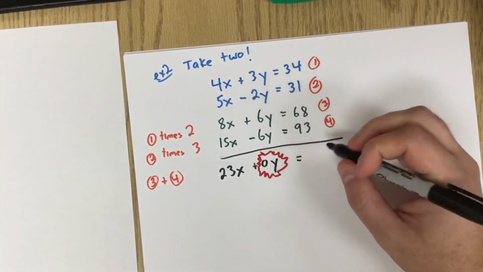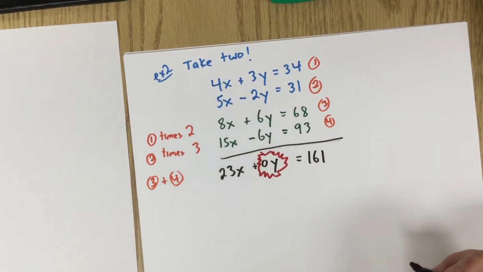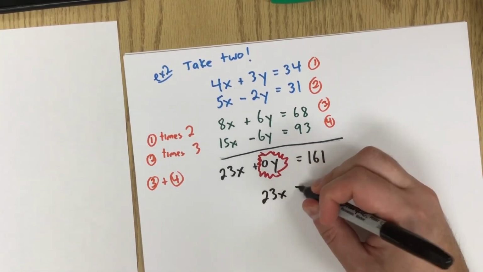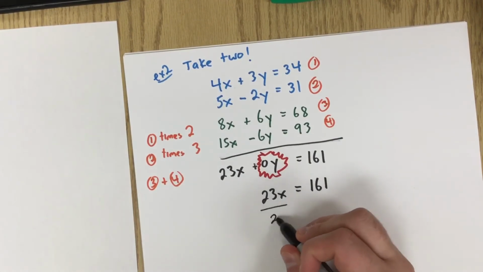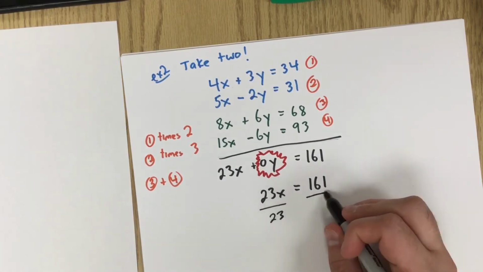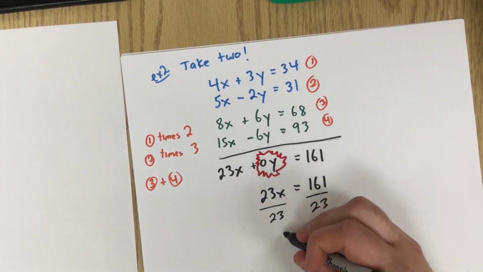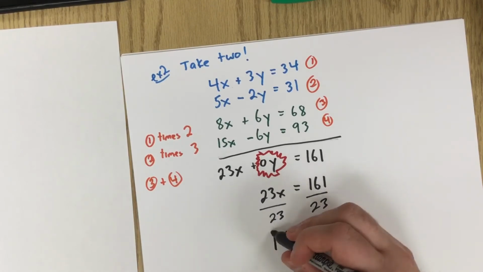And this is going to be equal to 161. Right, so then we get 23x equals 161. Divide both sides by 23, and you get x equals 7.